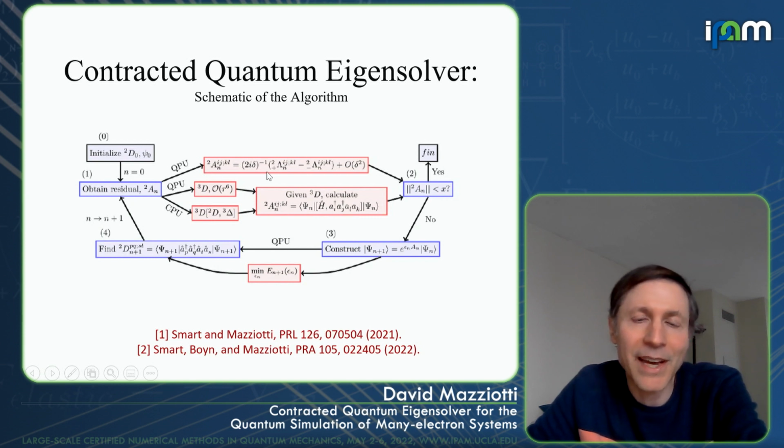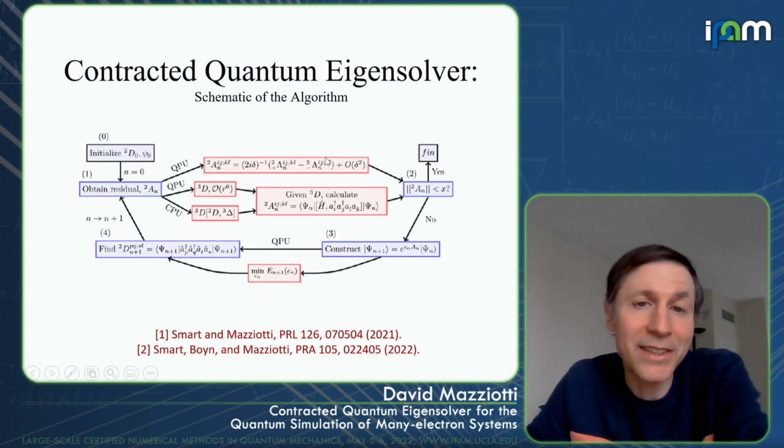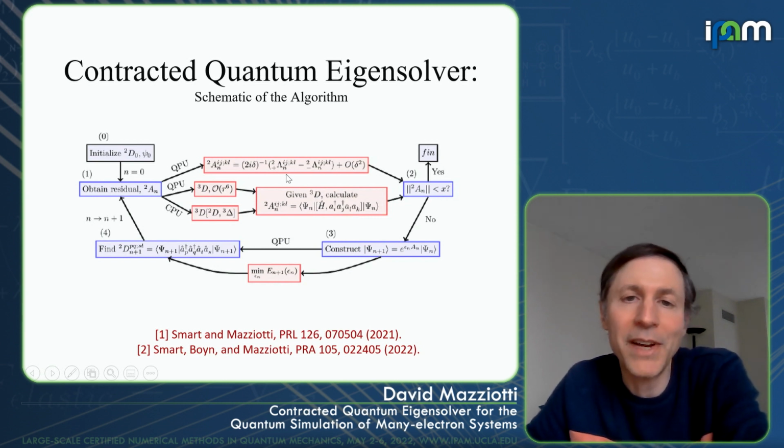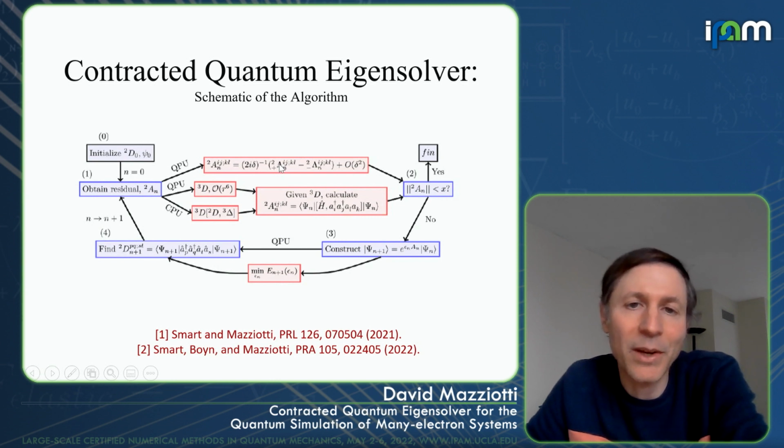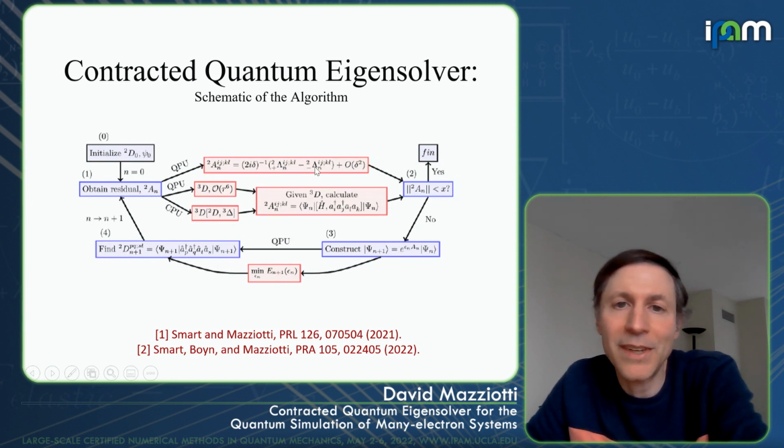Okay, so that residual is calculated on the quantum computer, or it could actually be calculated classically if we have a reconstruction for the 3-RDM or a measurement of the 3-RDM. But we can actually just directly do it by creating essentially an extra state on the quantum computer, this gamma state. And this extra state on the quantum computer can be used then to directly compute the residual A2 of the CSE. We can look at the residual to see if it's small enough.